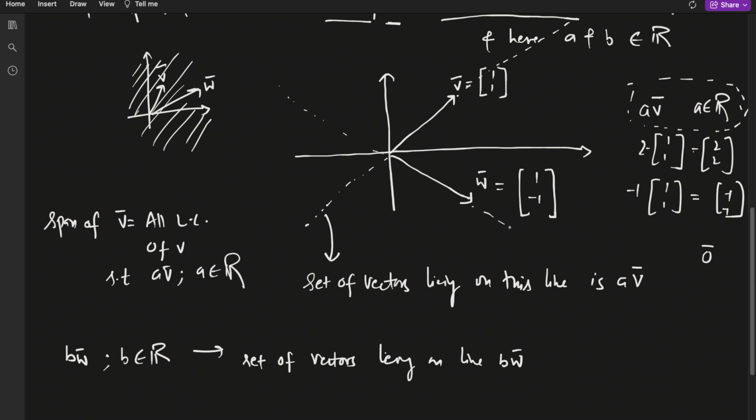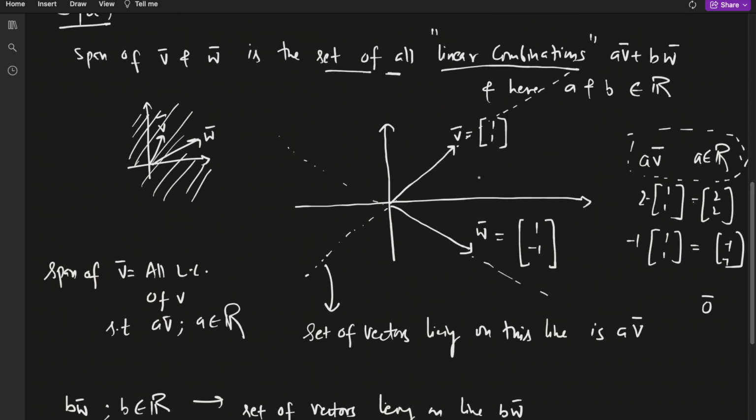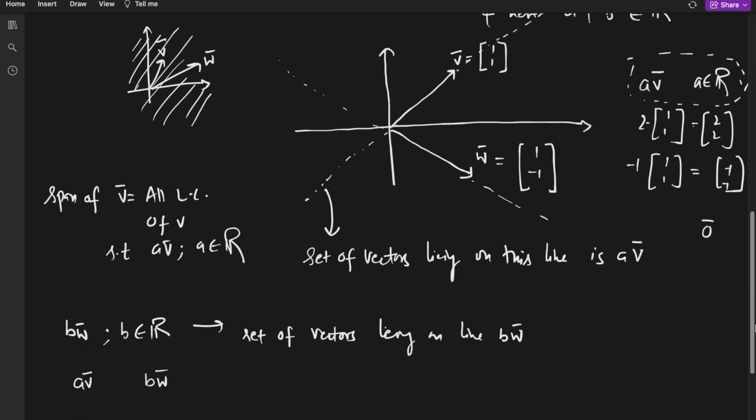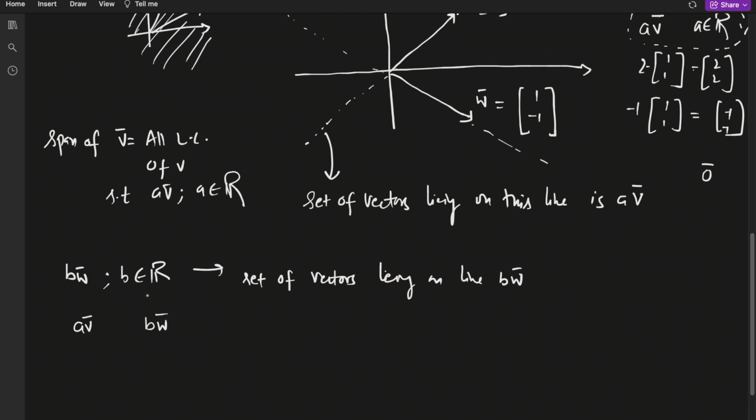Now the interesting thing: av is forming a line, bw is also forming a line. Basically av is the set of all vectors lying on a line, bw is the set of all vectors lying on a line, and these two lines are not coinciding because the vectors v and w are not coinciding, which basically means they are linearly independent. So the combination, which is the addition of these two vectors, will give you a plane, the xy plane.